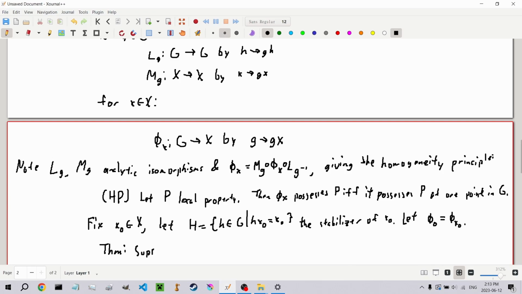Now, this is our setup for our second theorem. Suppose right multiplication by x naught is a subimmersion.